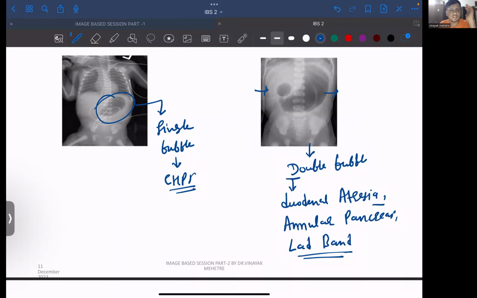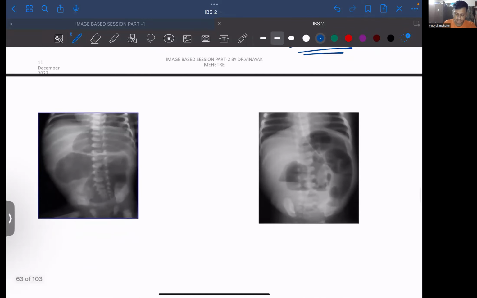Okay, we are talking about children's congenital diseases. There should not be confusion. Even such an image I can give you with some other diseases as well, but what we are talking about right now is children's congenital diseases. Triple bubble sign is seen in jejunal atresia.